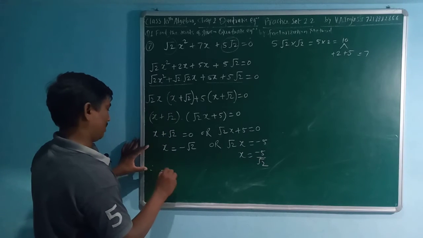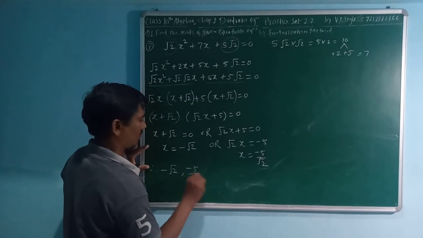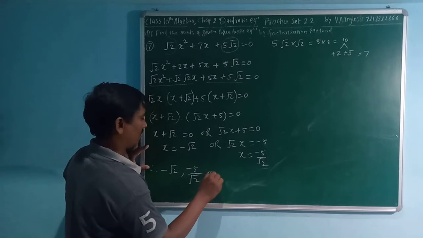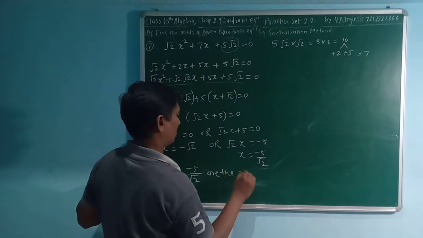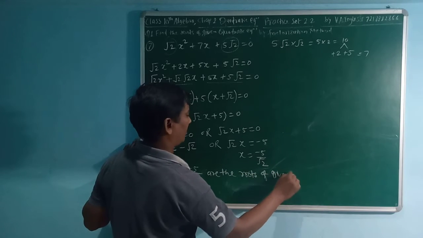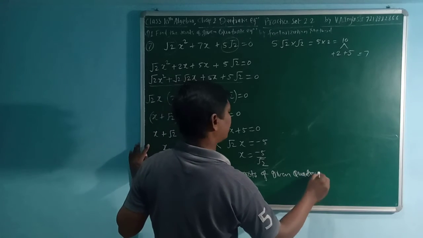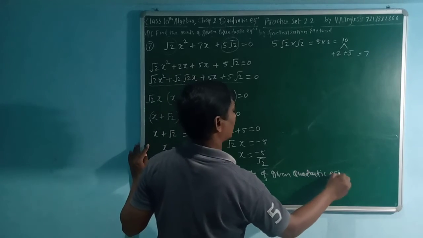Therefore minus root 2 and minus 5 by root 2 are the roots of the given quadratic equation. Okay, understood?